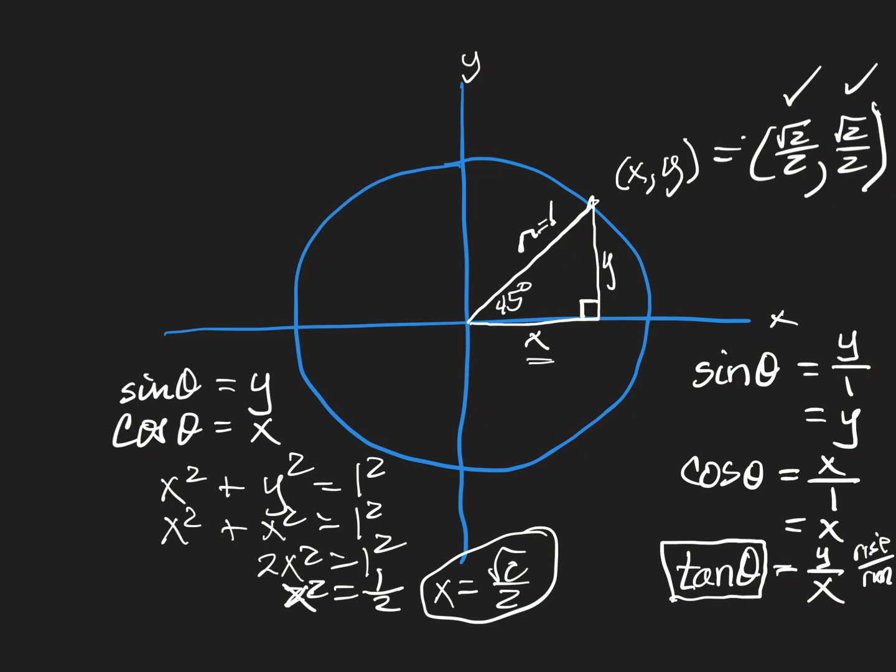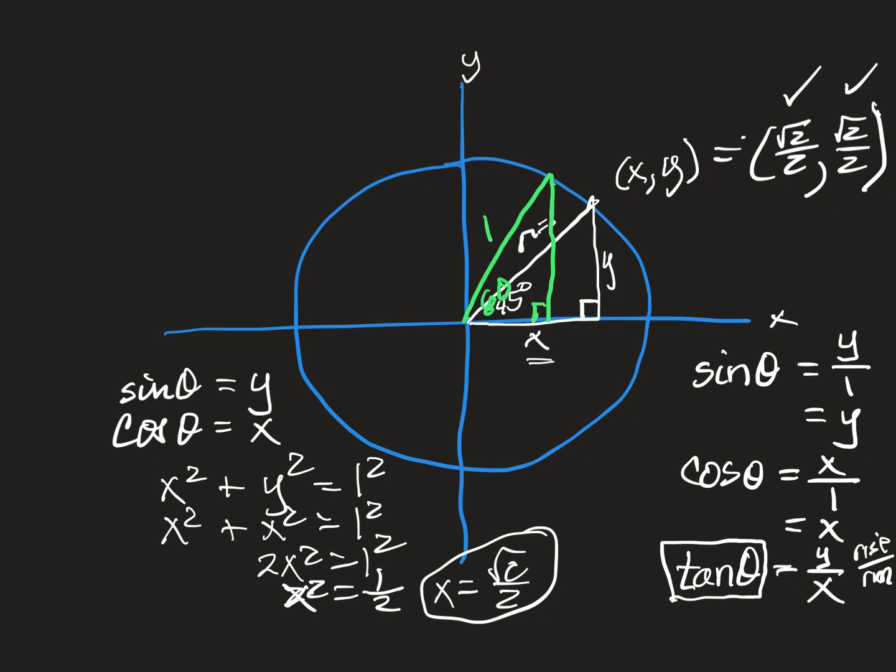Now, your job is to think about this for the rest of the circle. What if I put a, let's draw it in green here, a 60-degree angle. So now we're looking at a 60-degree angle.